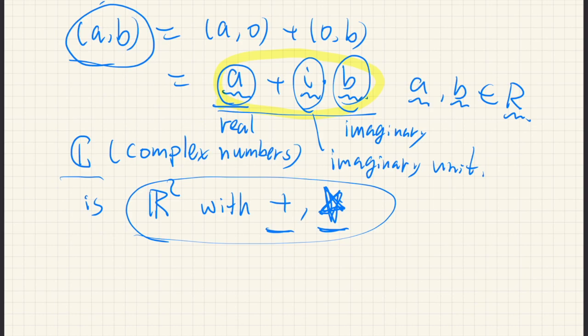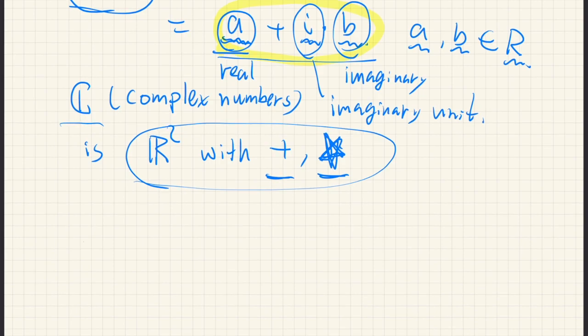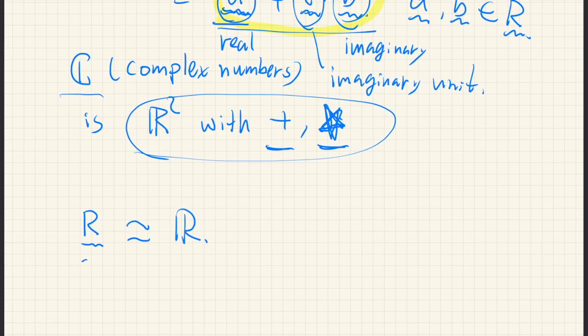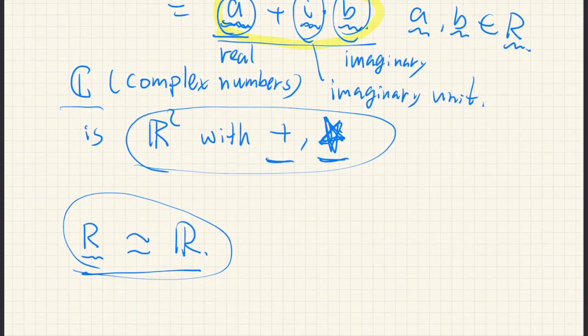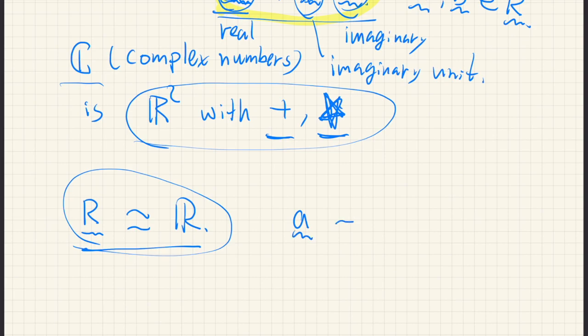Just for convenience's sake, always writing with this wavy line or boldface is cumbersome. So we just identify this set as real numbers, because there's a bijection between these two sets. There's a one-to-one and onto correspondence, so they can be considered as the same thing. And we just write this as just a. So instead of writing like this, we just write 2 or b or whatever.